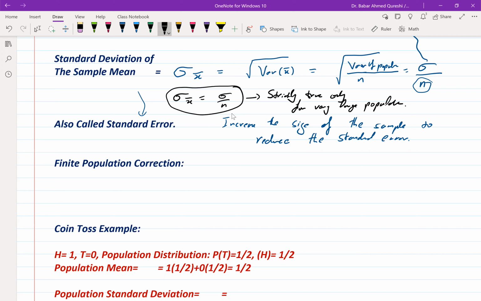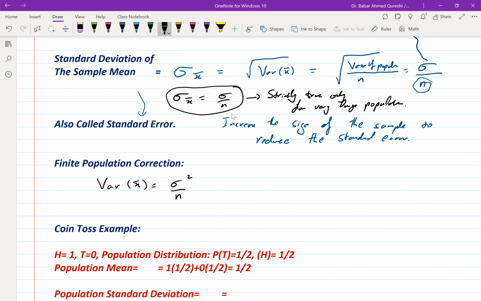Instead, what you have is the following: the variance of the sample mean. According to this formula, you expect it to be this one, right? Because standard deviation squared is just the variance in the population.